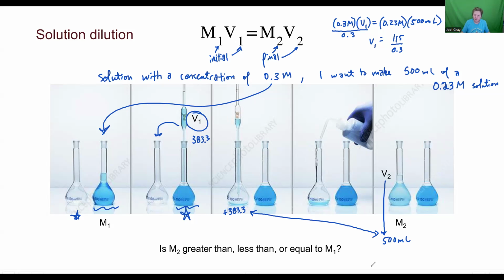Perfect, Ryan. That's absolutely right. Yeah, absolutely, Kaylee. So we need to add about 117 milliliters of water to this mixture. And by adding water, we've diluted it. How much do we dilute it down to? We diluted it down to 0.23 molar. So that's what this calculation is, where you start with a solution, you take a certain volume from it, and then you add water to that to get a new solution with a diluted, or lower, concentration.